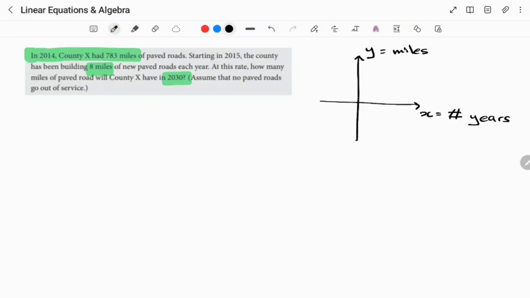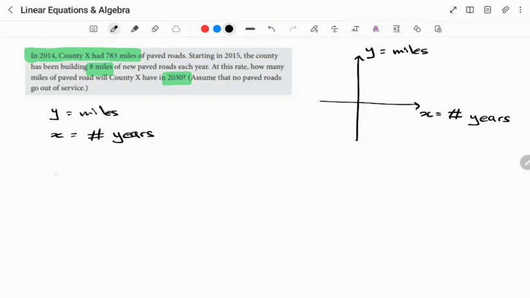So, where do we go from here? First, we're going to say that y is equal to our miles, and our x is going to represent number of years, and we're trying to look for how many miles are going to be built.